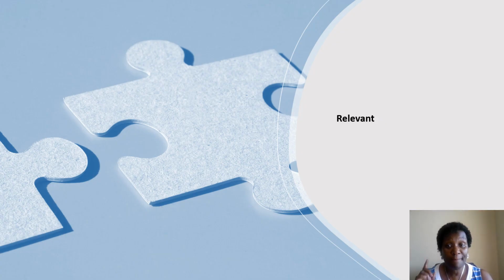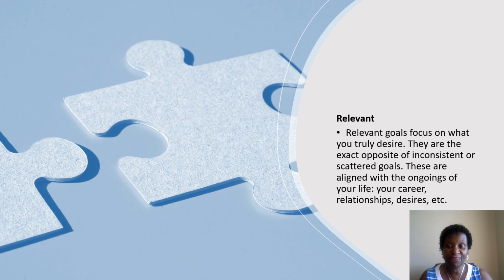Next, the goal must be relevant. And this means that you're focused on truly what you desire. So it's the exact opposite of inconsistent, scattered goals. Oh, I wish I could do this. I hope I could do that.